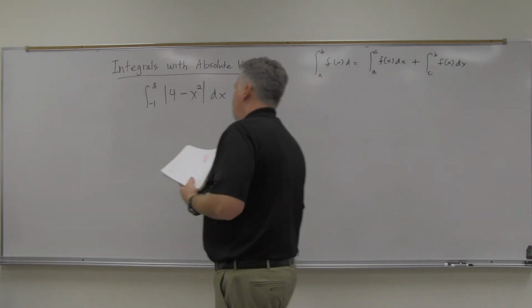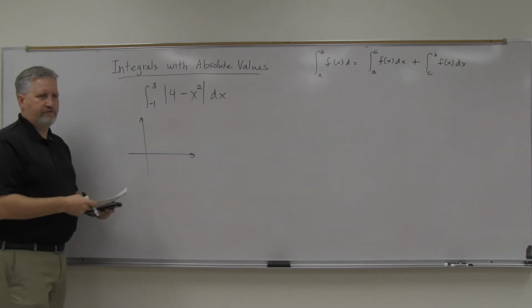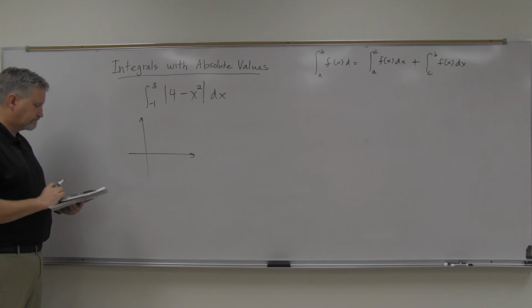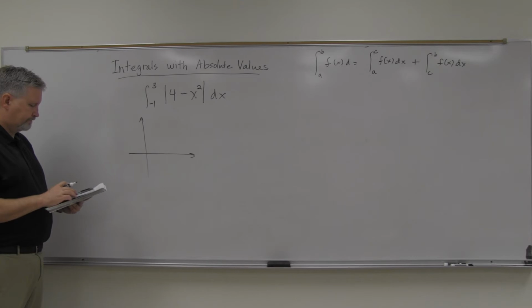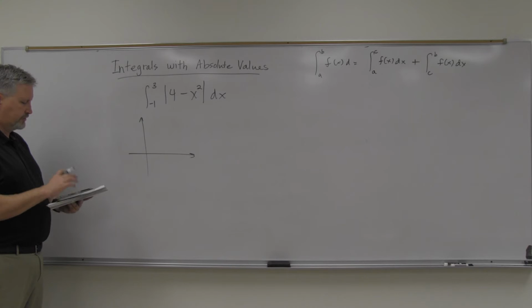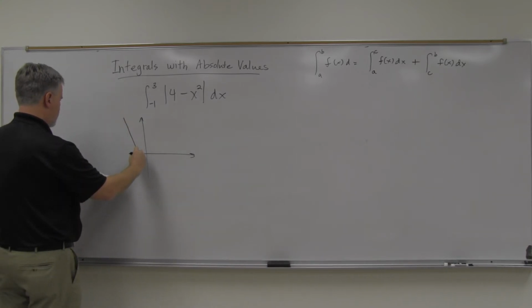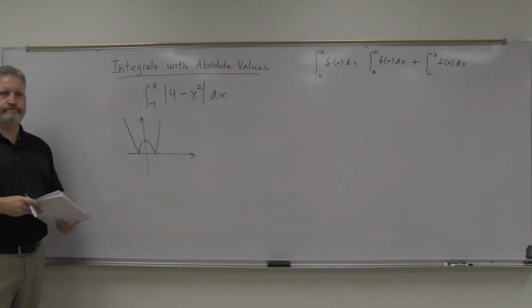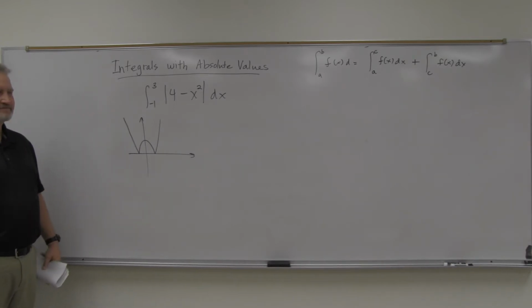Okay. Well, if we look at the absolute value of 4 minus x squared graph-wise, here's what we get. Kind of a W-looking graph.